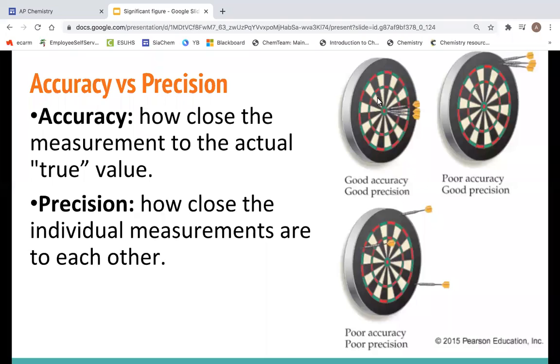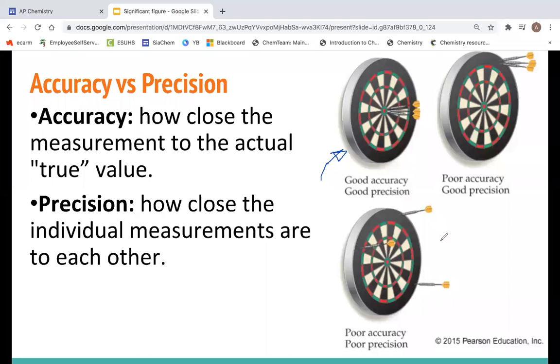Let me get the annotation tool out so I can move on. The first picture here is both accurate and precise because the darts are all hitting the same place and they are all hitting the bullseye. Hitting the bullseye is what makes it accurate, and hitting all the same point is what makes it precise.